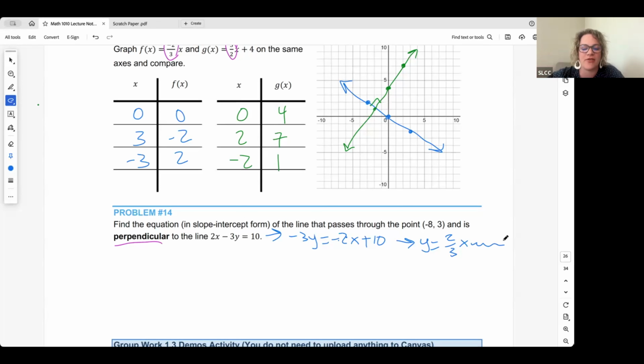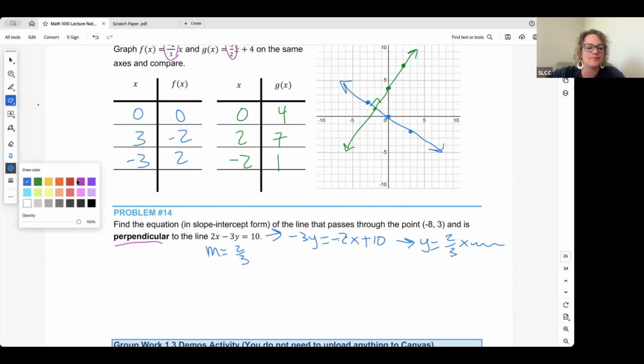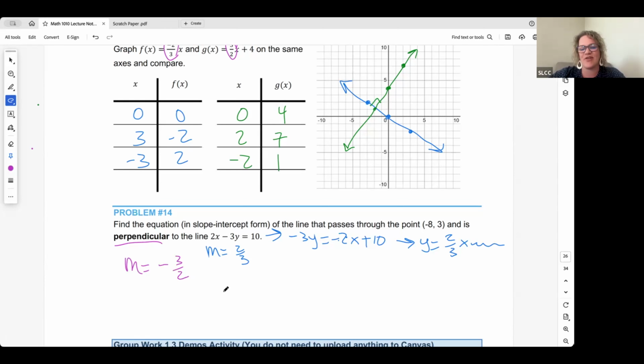Don't even worry about the rest. Now that I see that this line has a slope of 2/3, now I can find the slope for my line. It's perpendicular to this line, so my slope will be the opposite reciprocal, negative 3/2.